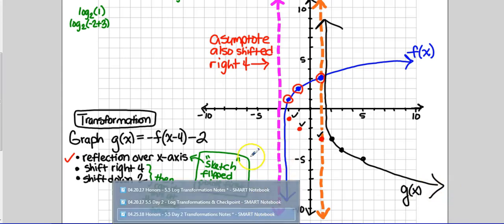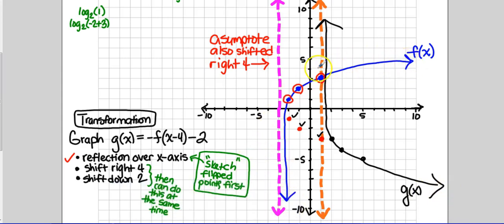So looking at our original blue graph, this blue graph has been reflected over the x-axis, shifted right 4 and down 2. And what's in black is the result. Transformation complete.